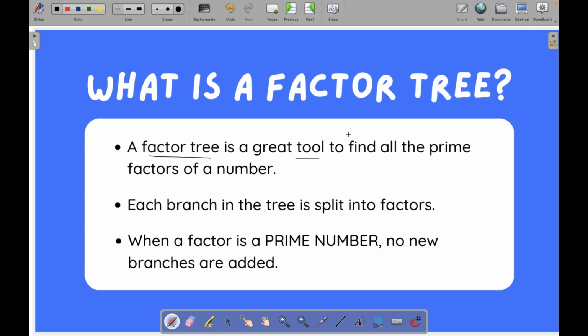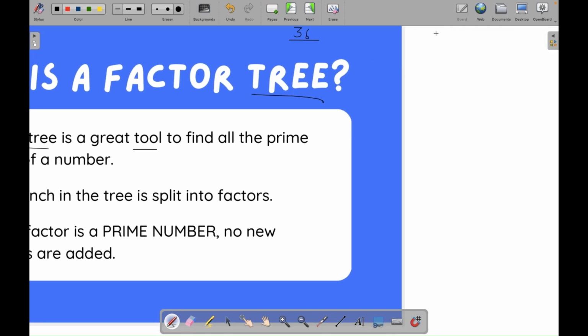Here we have mentioned tree. We consider the number, for example 36, or any number, as a tree. So 36 is the tree. And you already know a tree has a lot of branches, right? We try to split it into a lot of branches, and each branch ends up in factors of 36.